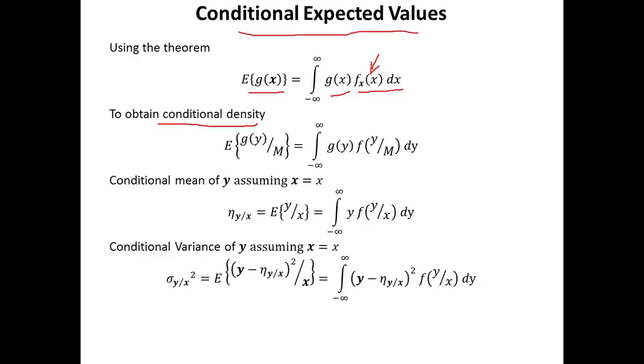Let us say we want to find the expectation of g(y) given m. It automatically means we want to evaluate the integration of g(y) multiplied by f(y given m) dy.